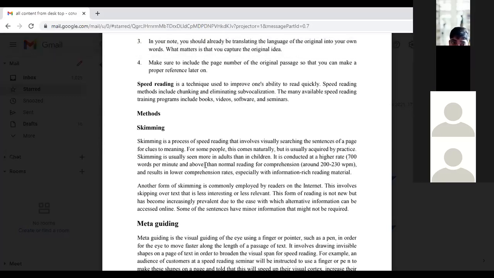You can master this skill by practice. How many words you can quickly search all depends on your practical approach towards reading something. Meta guiding is the tool, the pencil or pen, which guides you. This is meta guiding.